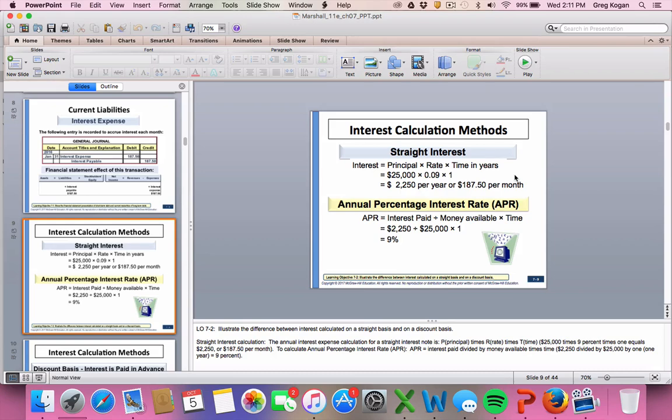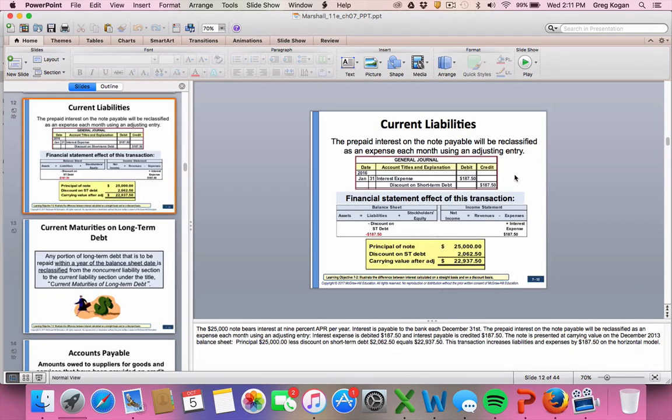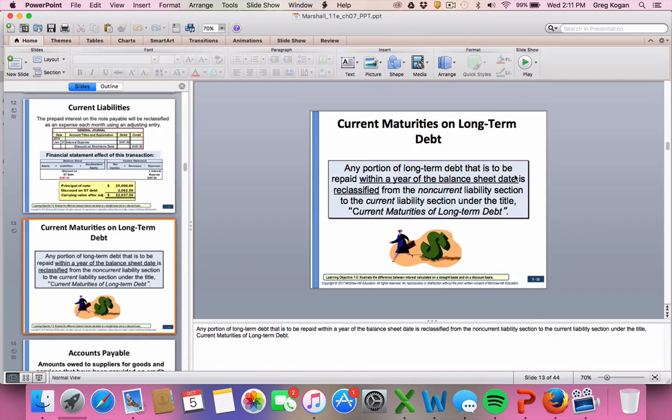Now, there could be a note payable, a short-term debt payable, or a line of credit or credit card payable, and this is really how we're going to approach it. The other piece that we're going to go into is current maturities of long-term debt.